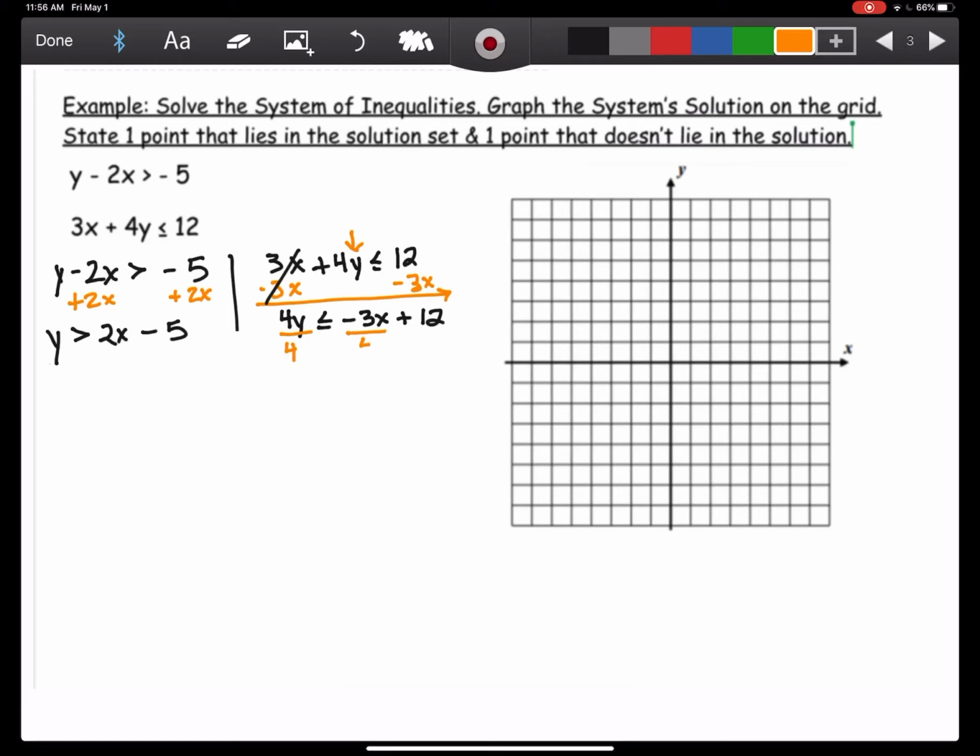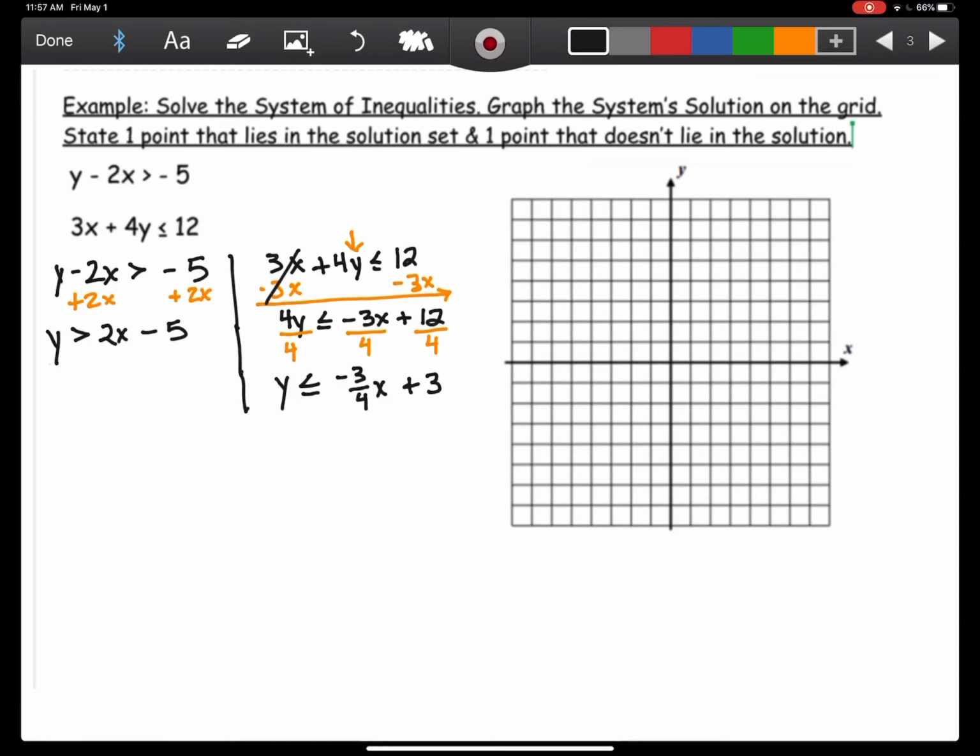Think back to that activity we did where we divided all the parts to get the y alone. And our new inequality is the same inequality but different looking. So remember, we did not divide by a negative, so we're going to keep the same symbol. Our slope is negative 3/4 x, and our b is positive 3.